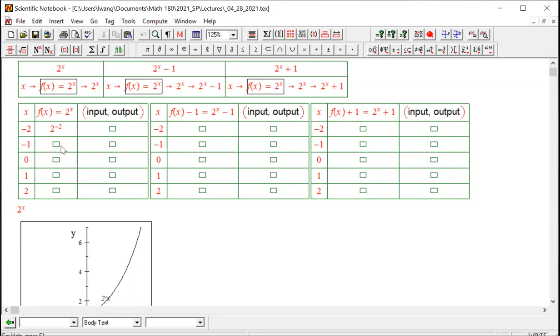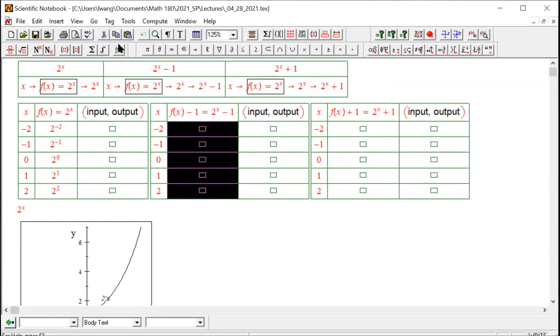So this is going to be 2 raised to the power negative 1, 2 raised to the power 0, 2 raised to the power 1, 2 raised to the power 2. All of these are going to come here.